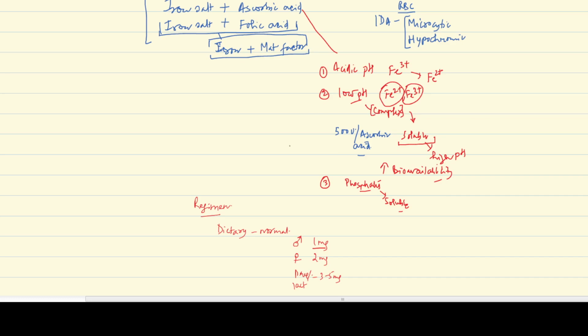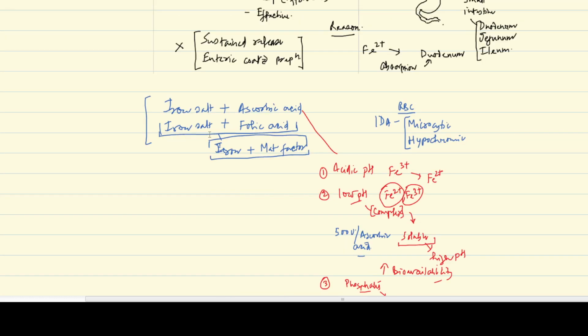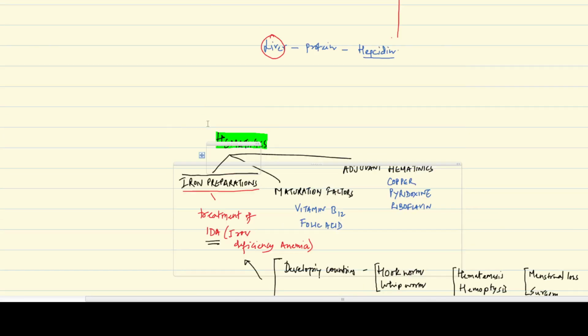So as it comes into the duodenum, the solubility of the ferrous salt decreases because it gets converted to the ferric form. So that's an important point that we need to keep in mind.